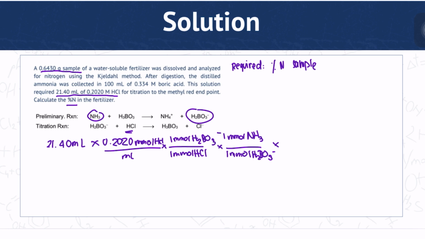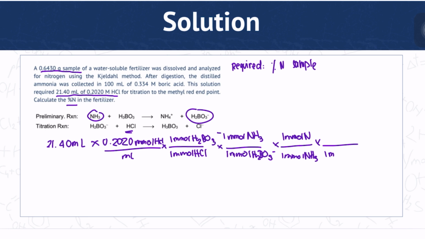But since we're looking for nitrogen only, we can just say that 1 millimole of NH3 is equal to 1 millimole of nitrogen, right? And then from there, you can get the grams of N in that sample.